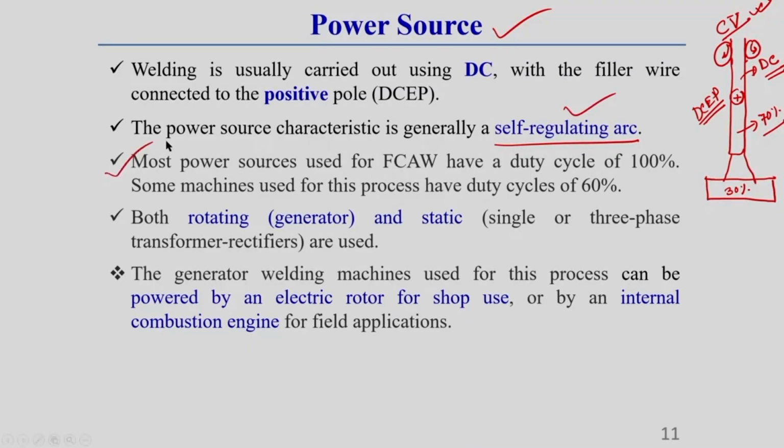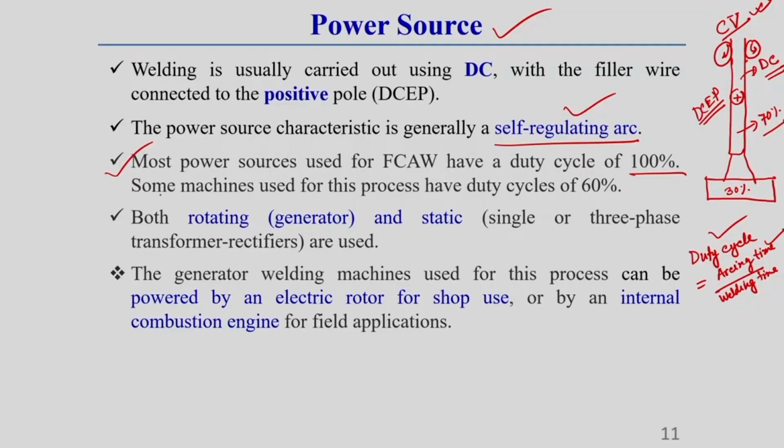Now the power source which is used generally has a duty cycle of 100%. What does it mean? Duty cycle is a very important term which is widely used to design a power source. Duty cycle is the arcing time divided by the total welding time. So 100% duty cycle means the full welding cycle time you can utilize as arcing time.